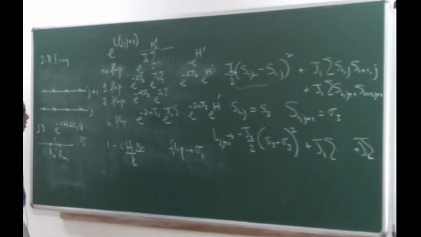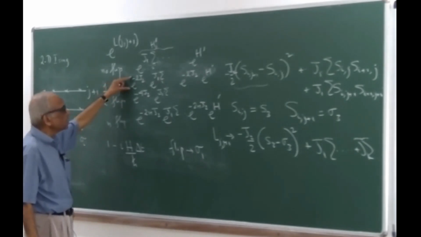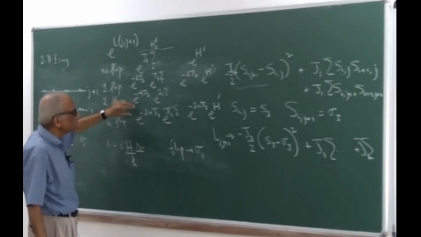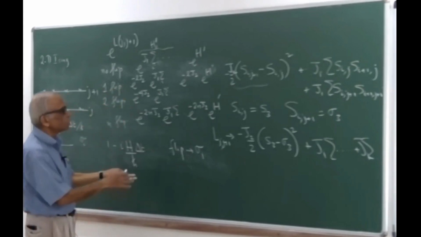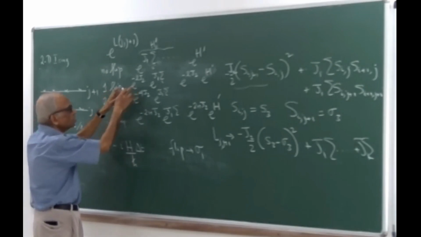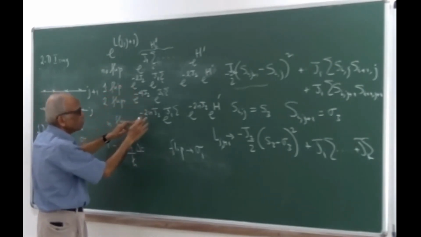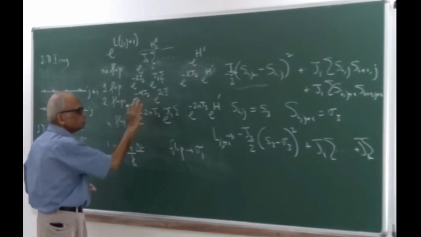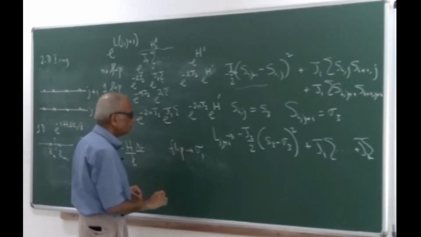Similarly over here, these would be the parts which are determined by sigma 1 at one site, over here sigma 1 at two sites, and so on and so forth. And this part is just the no flip part.